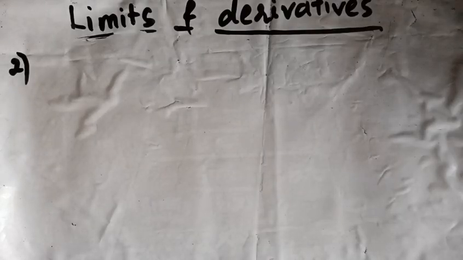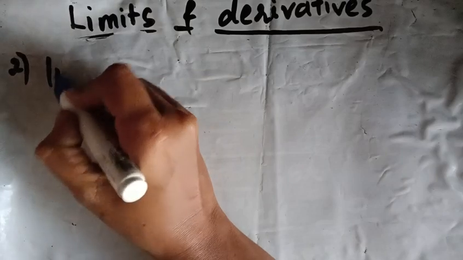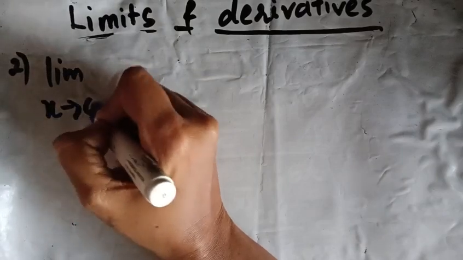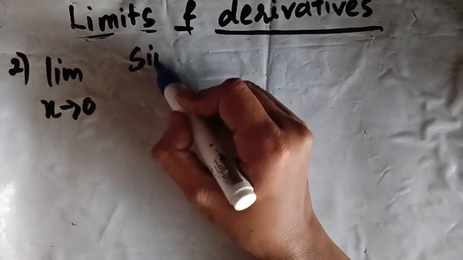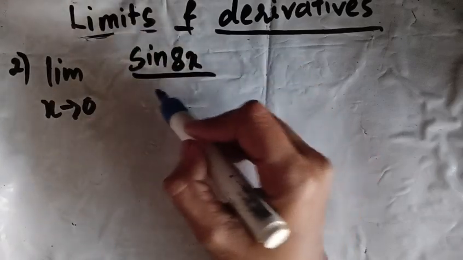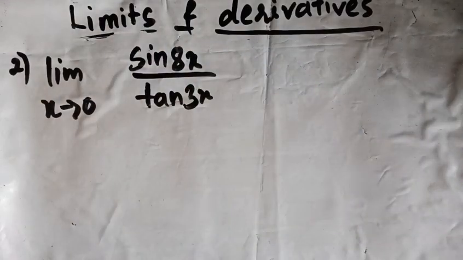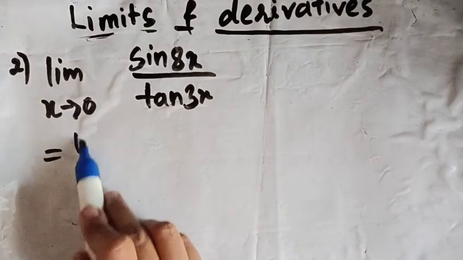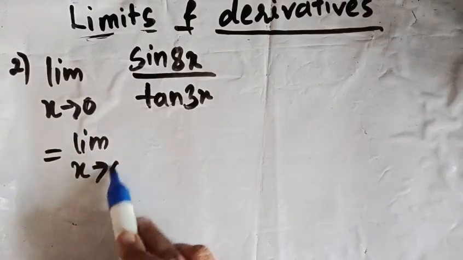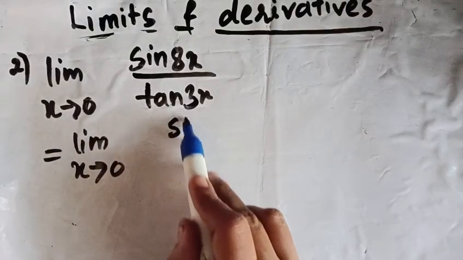Second question. Limit as x tends to 0, sine 8x upon tan 3x. Same, we have to multiply by the angle, so multiply and divide.